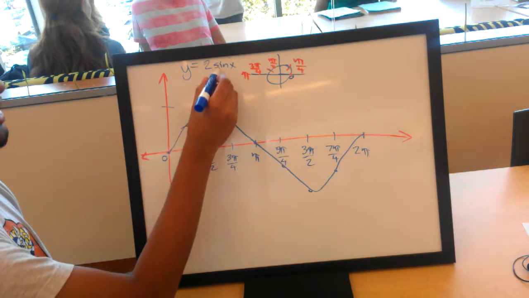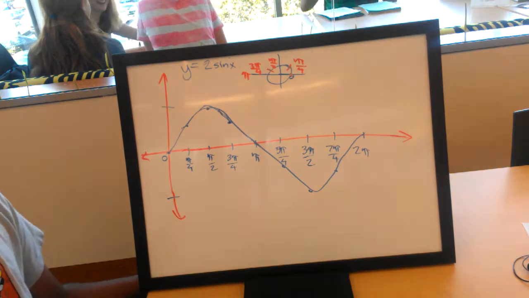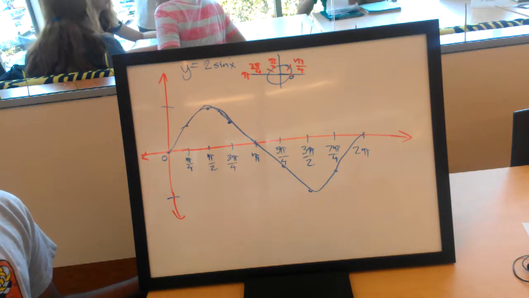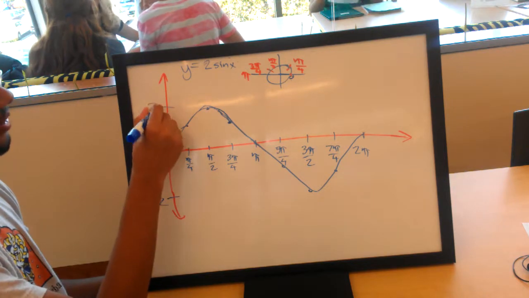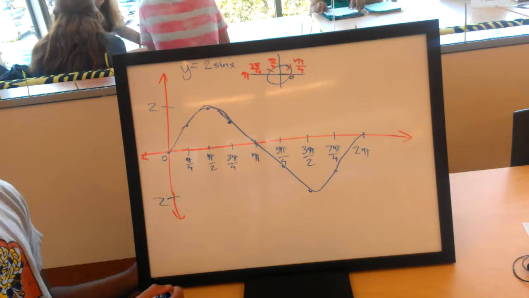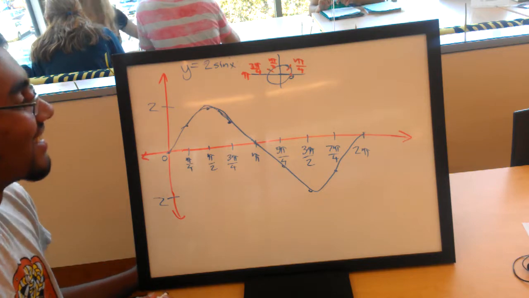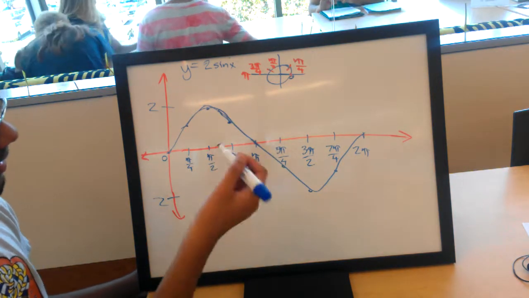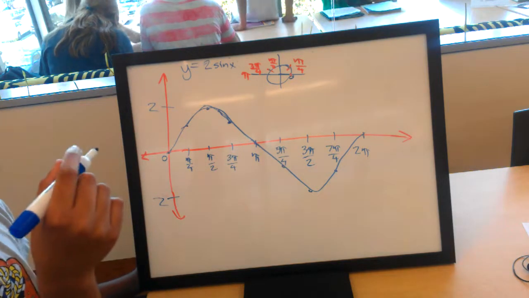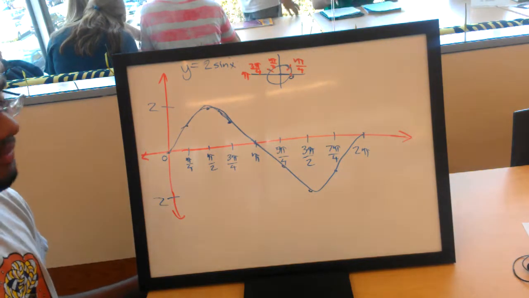So if sine x is between negative 1 and 1, 2 sine x will be between negative 2 and 2. What should I put here? Yep, and so it's the same looking graph, it's just that the amplitude is different. It's not going to have a squish shape or anything.